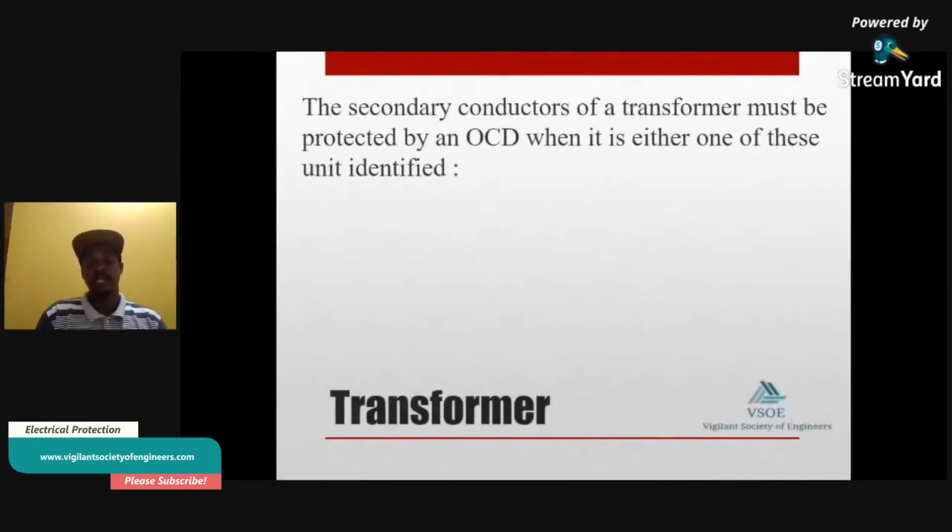Now, secondary conductors of a transformer must be protected by an overcurrent protection device when it is either of these units identified.